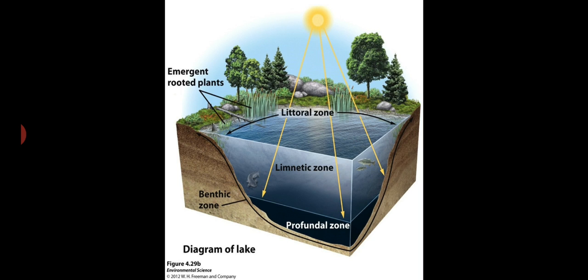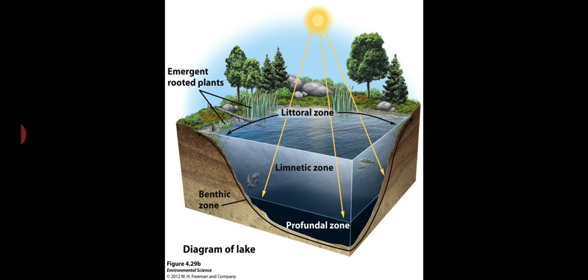Beneath the limnetic zone is the profundal zone. Plant and algal growth in this zone is less, almost negligible, because conditions are not favorable.